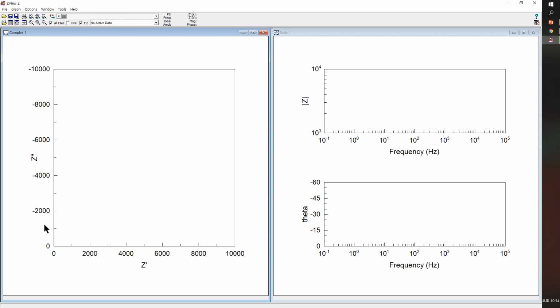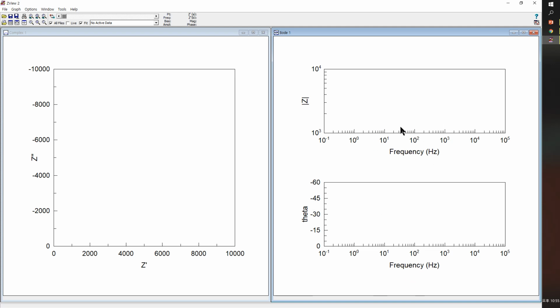In this case, you could easily see the minus signs in front of the values, because usually we are using the minus y-axis for electrochemical impedance spectra. Let's go to the second window, and this is the amplitude of impedance versus frequency, and also phase angle versus frequency.